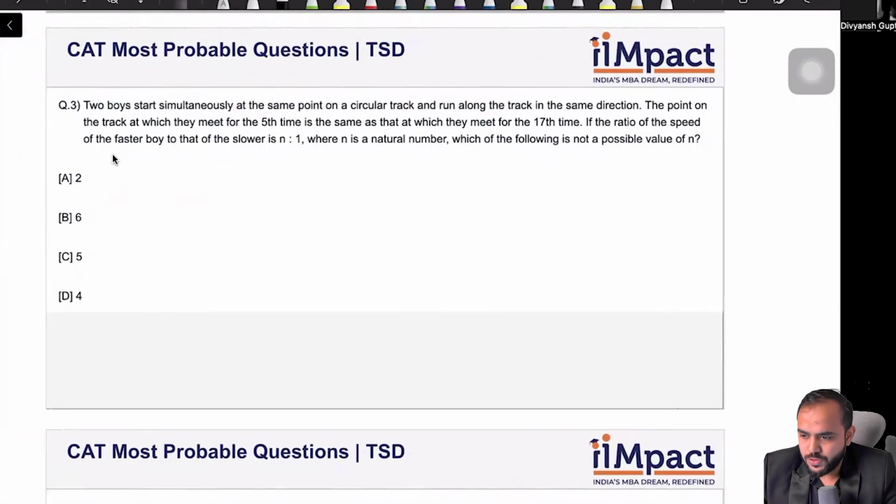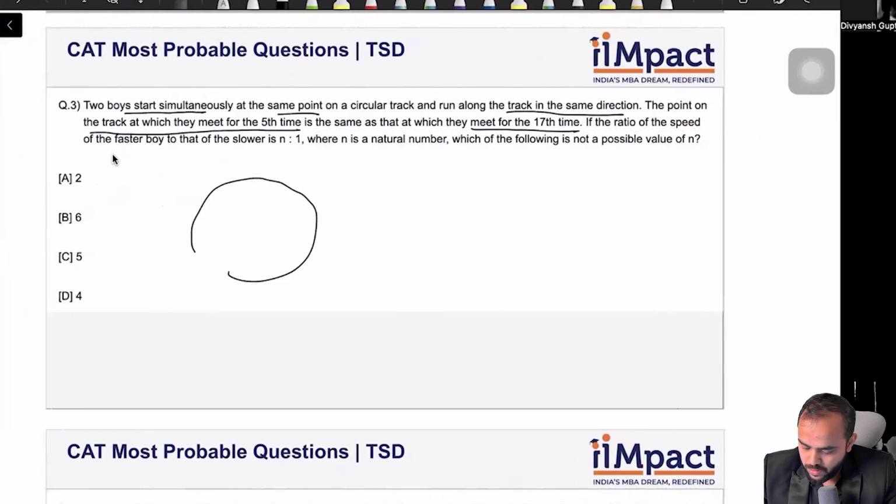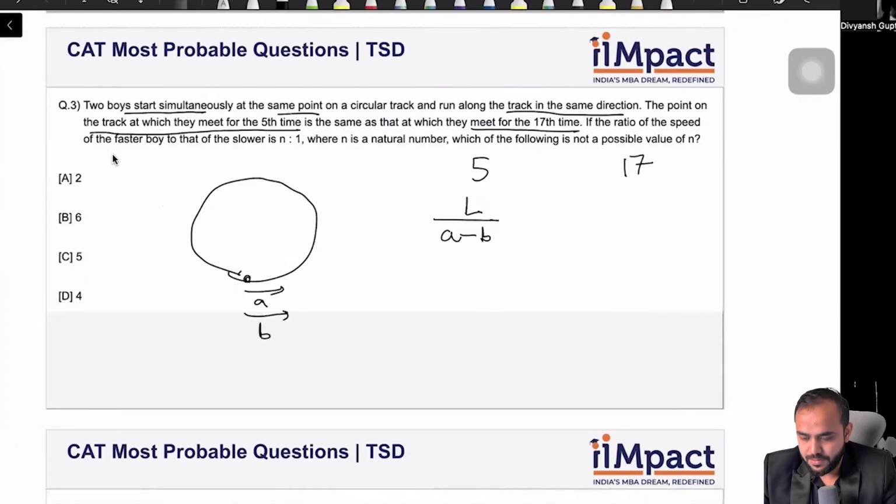All right, so moving on, next question, question number 3. Two boys running simultaneously from the same point in the same direction. The point on track at which they meet for the fifth time and the 17th time, that particular point is the same. So the fifth meeting point and the 17th meeting point, the time period for these meeting points is going to be L, which is the length of the track, divided by A minus B. I'm saying A is the faster one.